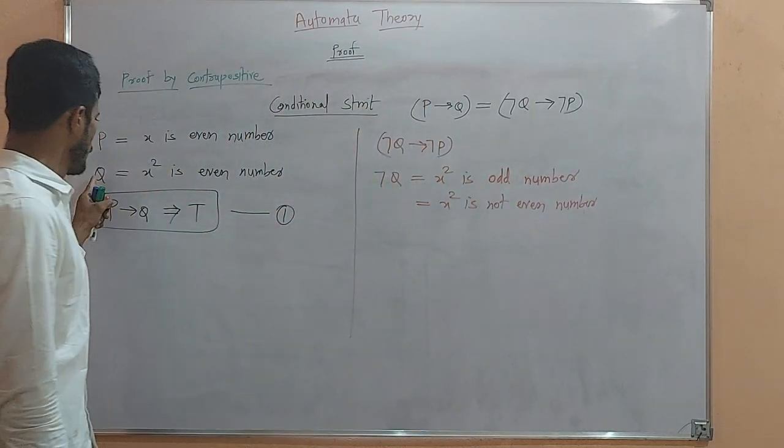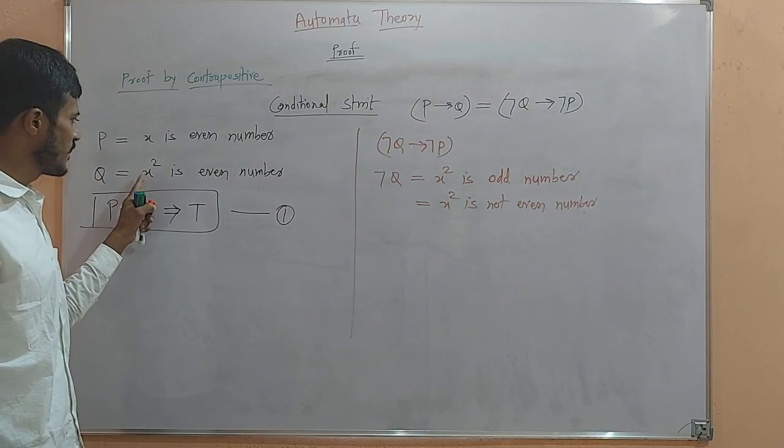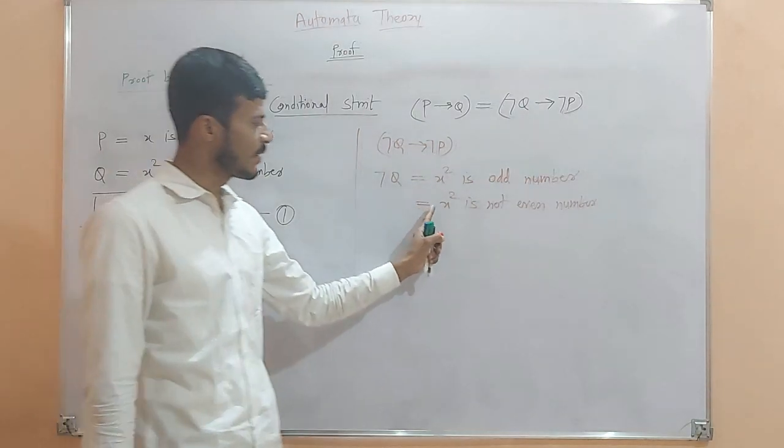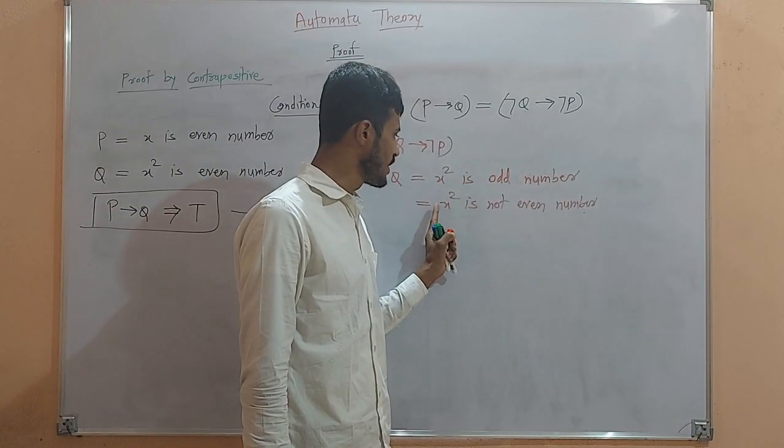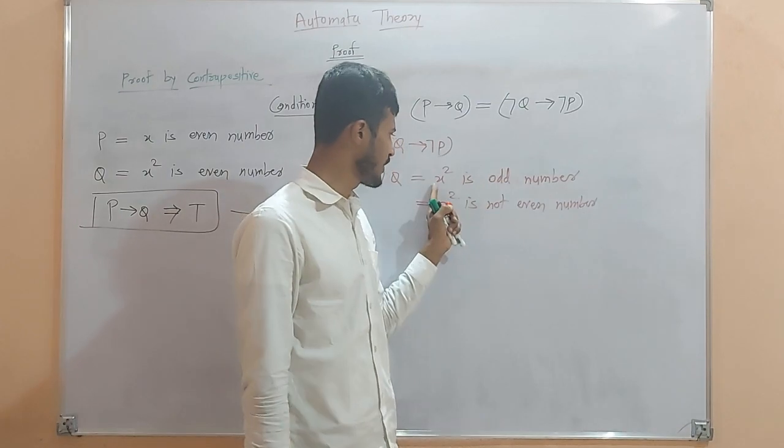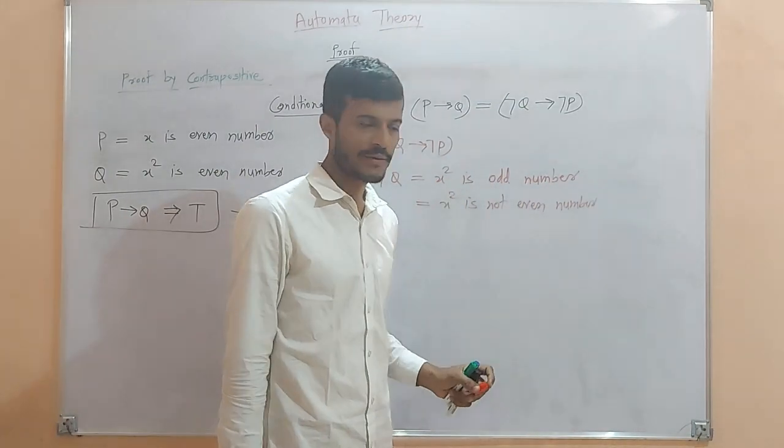You can see here Q gives X square is an even number, and I have taken negation Q, which gives X square is not an even number. That's why you can say X square is an odd number.